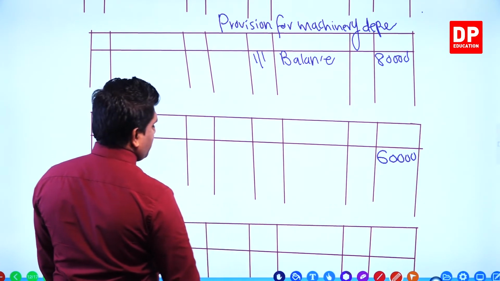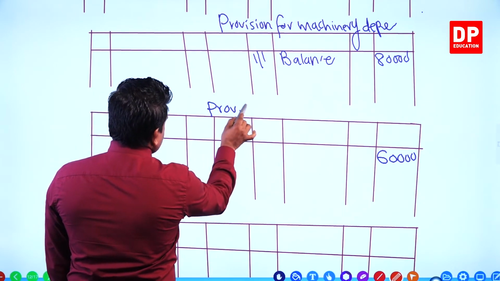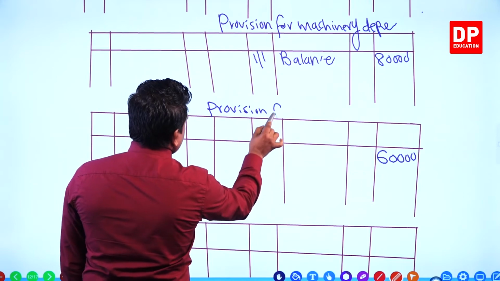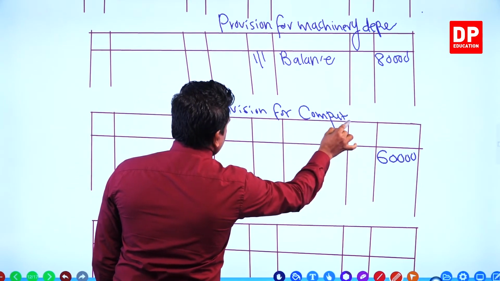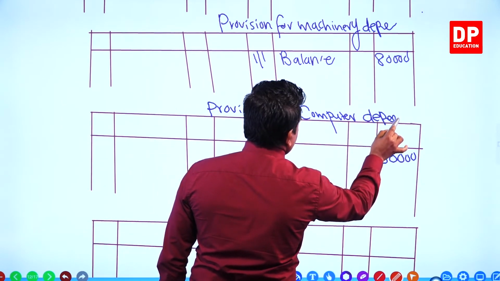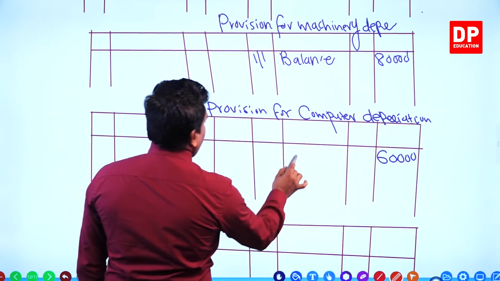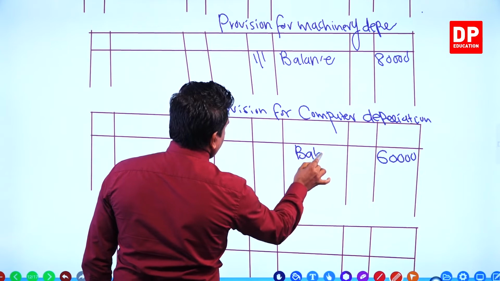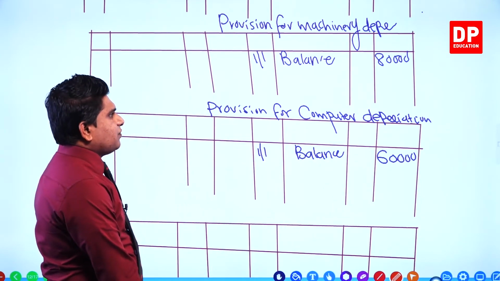This is the provision for computer depreciation account. This is the balance on 1st of January.